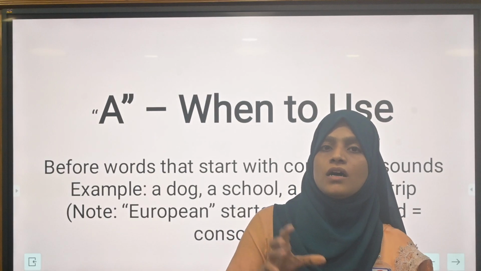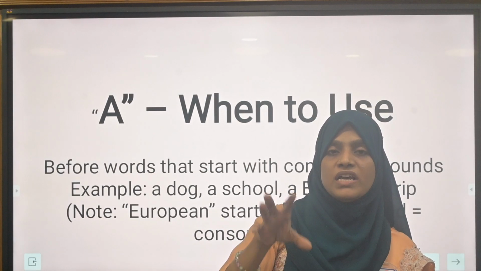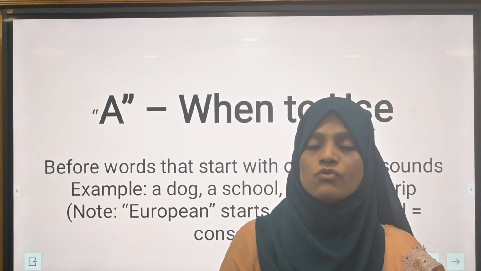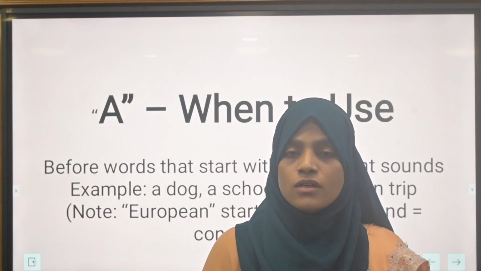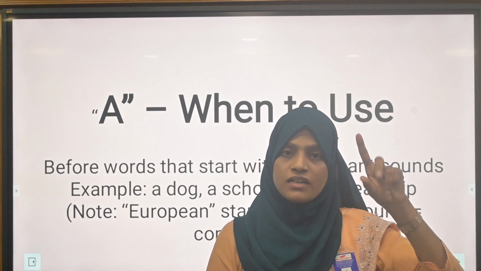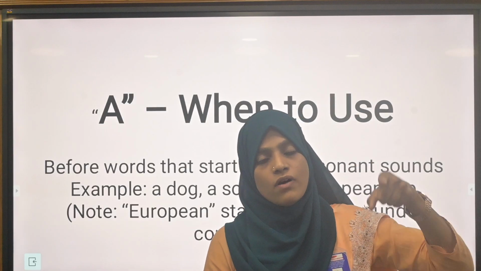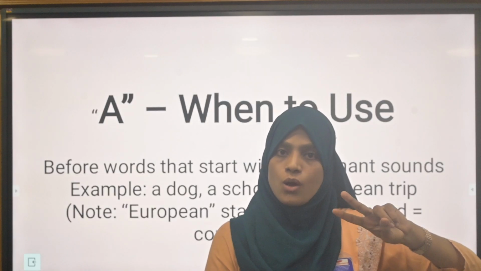So when the word begins with the sound of a consonant or the letter, in that case we'll use a. So we have the indefinite article in 2 forms, an and a. We use an in the vowel case, we use a in the consonant case.